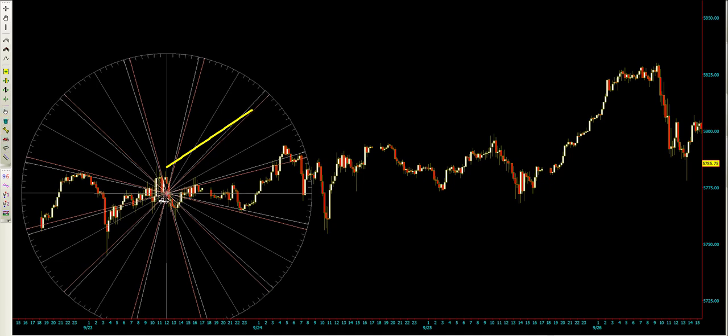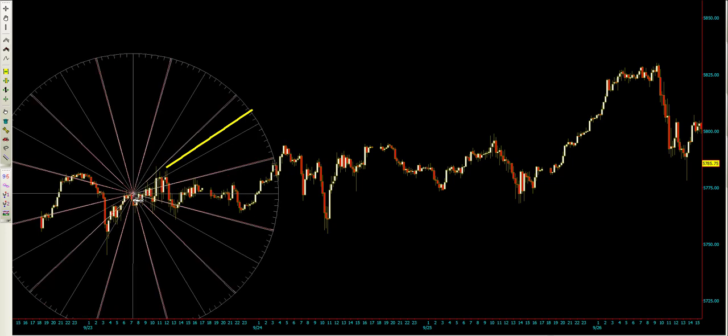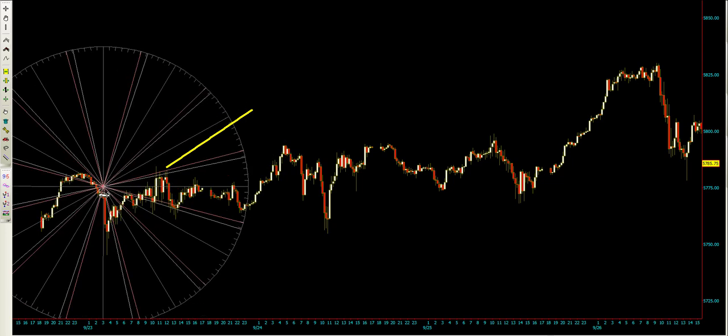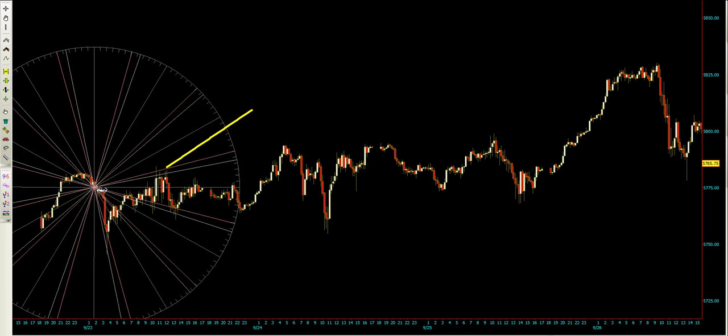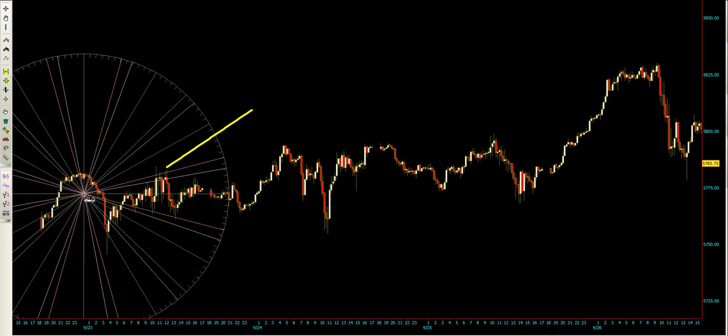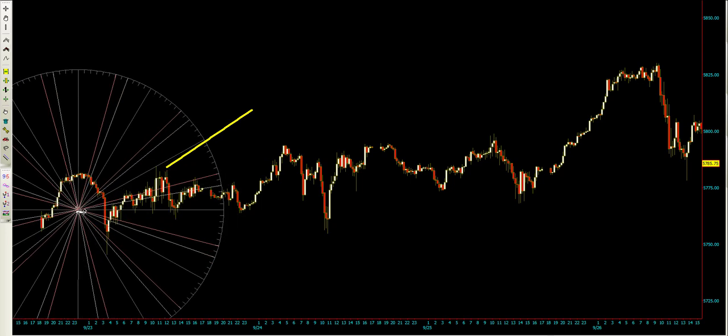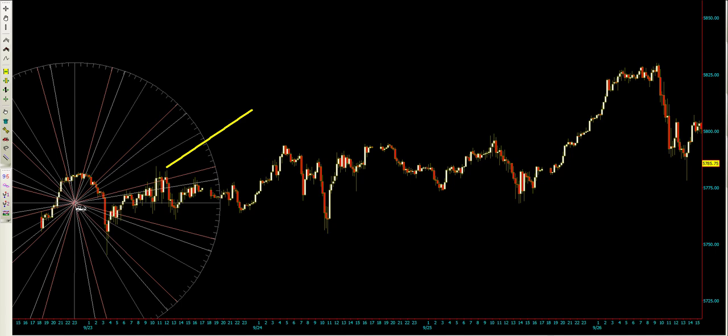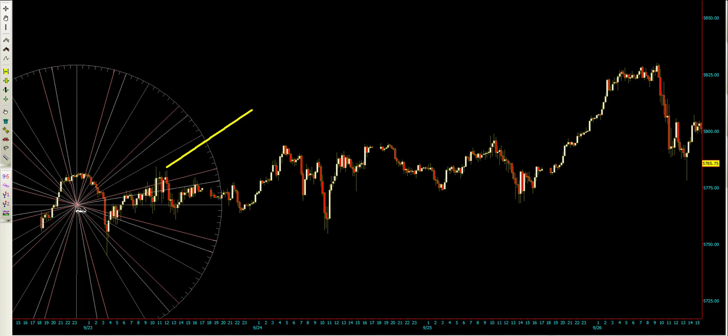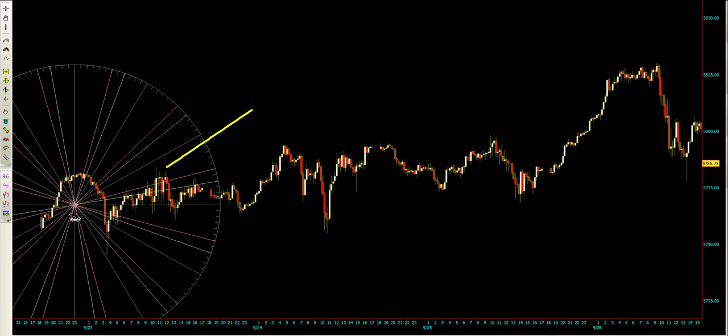Same tool, same logic, but we added more dimension to it so we can see what's going on. White line again, same white line, and I'm using this white line.